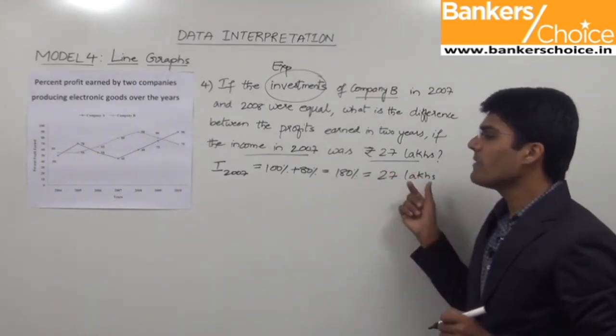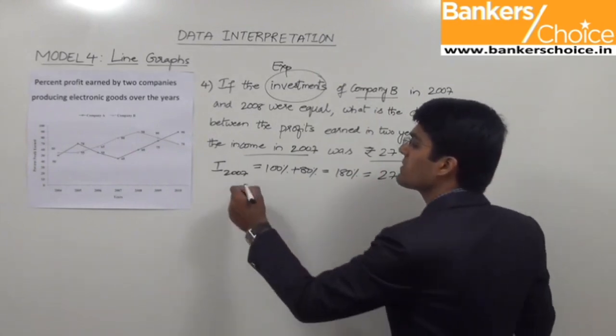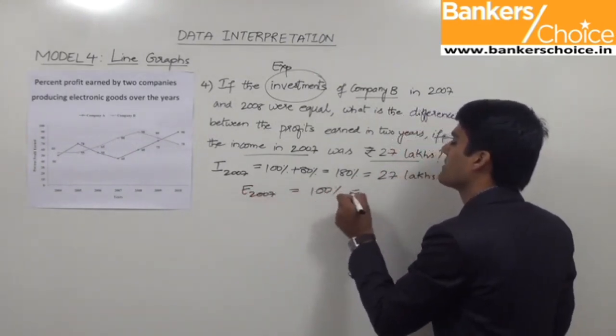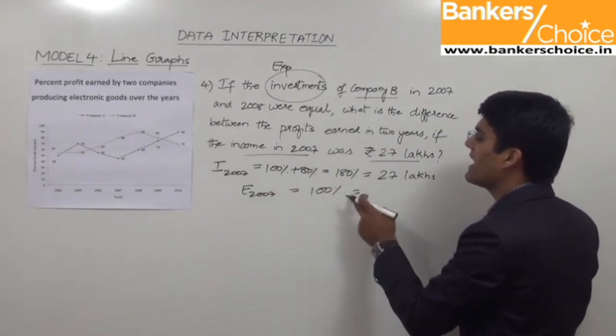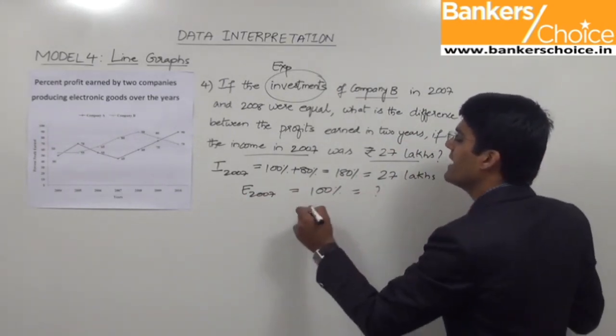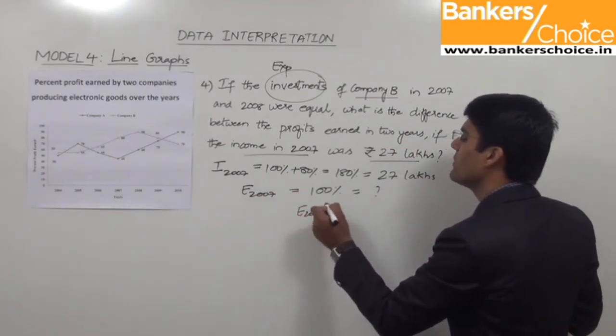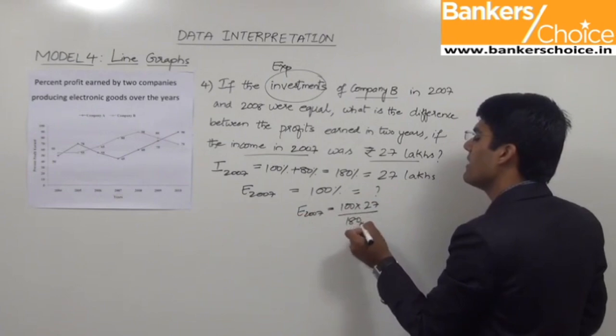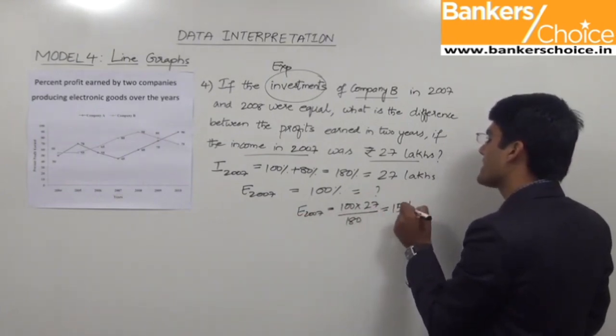Now from this income we can find out the expenditure in 2007. We know that expenditure should always be taken as 100%. So if 180% is 27 lakhs, 100% is equal to what? By cross multiplication we find that expenditure in 2007 will be equal to 100 into 27 lakhs divided by 180, which comes out to be 15 lakhs.